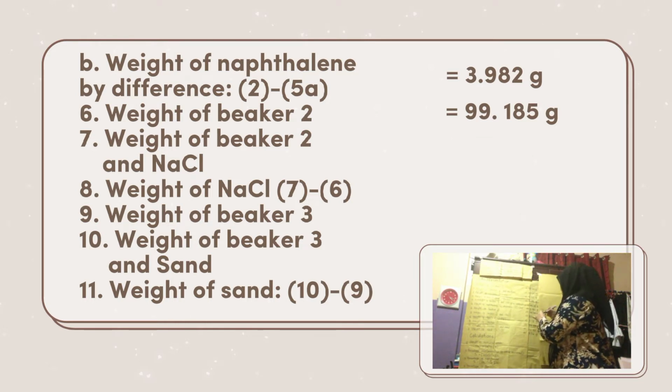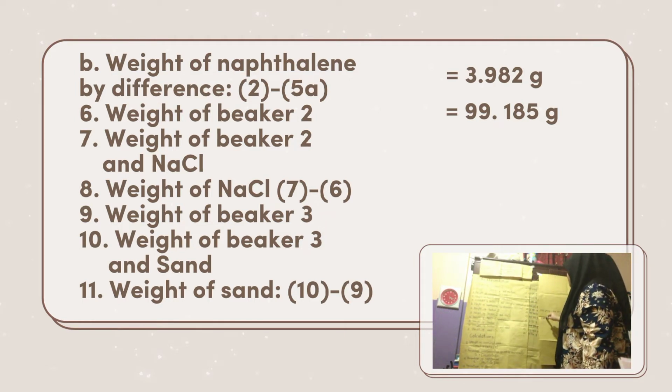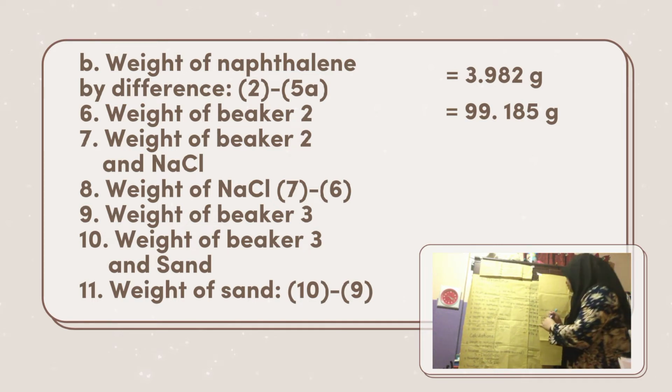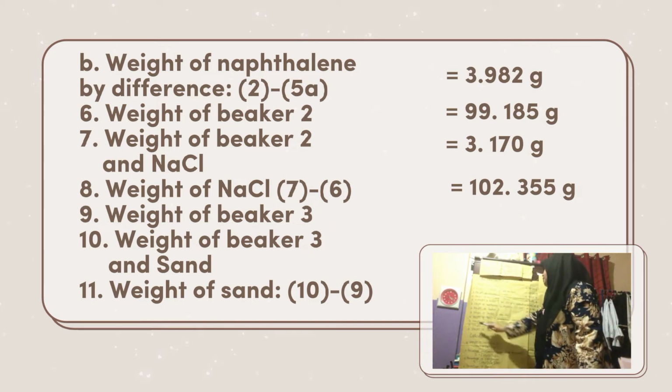Then for the weight of sodium chloride, we subtract 102.355 grams minus the weight of beaker 2, which is 99.185 grams. So the result is 3.170 grams.